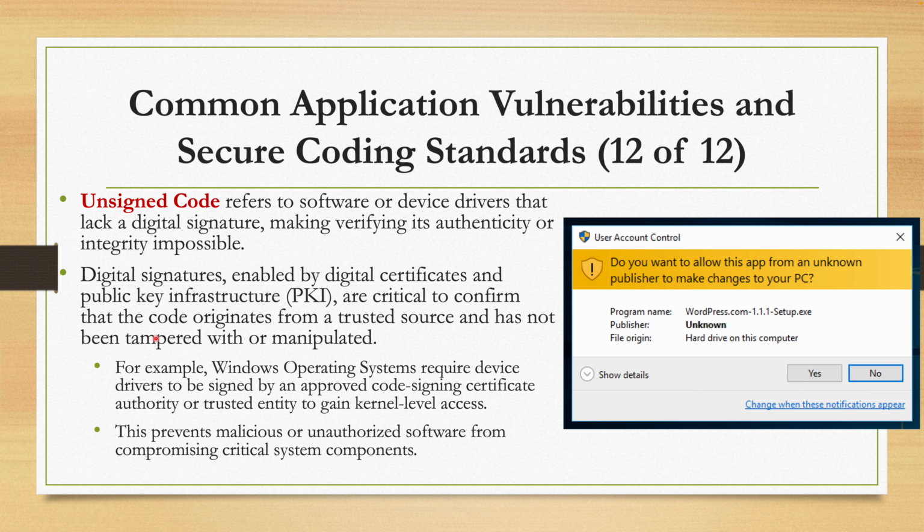They need to obtain a code signing certificate from a well-known certificate authority to ensure trustworthiness. Enable code signing verification, which means that the operating system and the environment should validate the signature before executing the software. And of course, you have to always update the root certificates in the system.